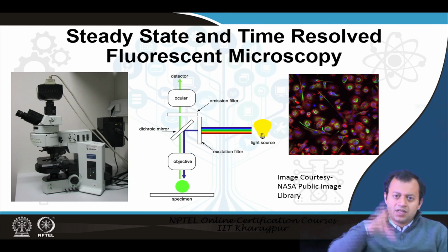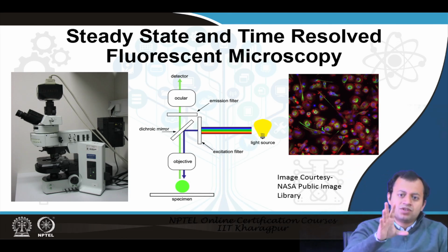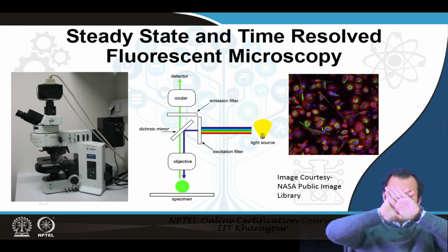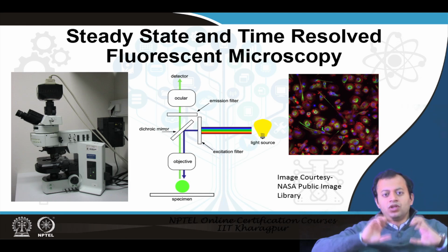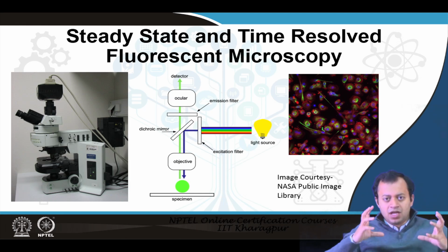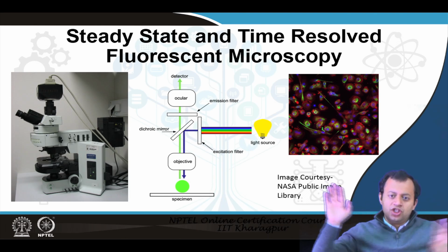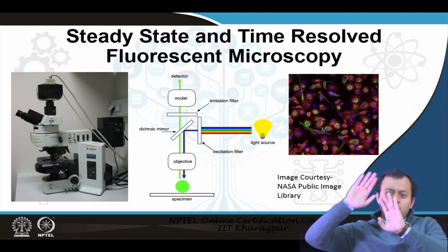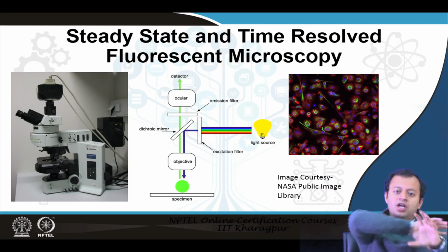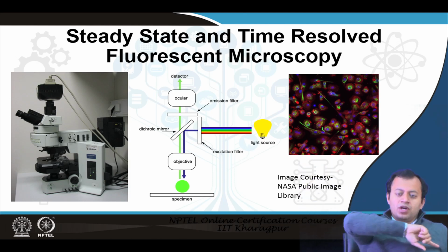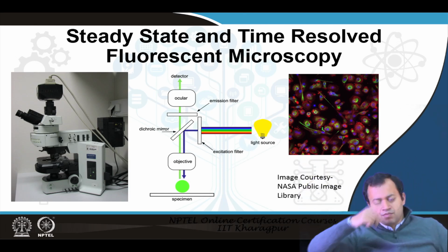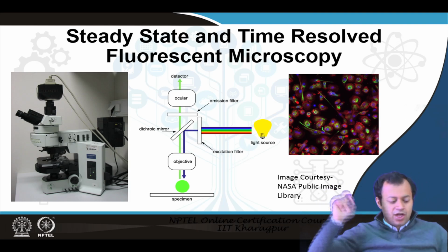Every time you send light, you get an image. There is a gap, then you send light, get another image, and you match these two images, and you see how the cell is a living material, what the dynamic processes are, how it is slowly changing. It's like animation, one picture after another picture after another picture, and you merge it all together, and you see how the cell has moved, what kind of chemical reaction had happened.